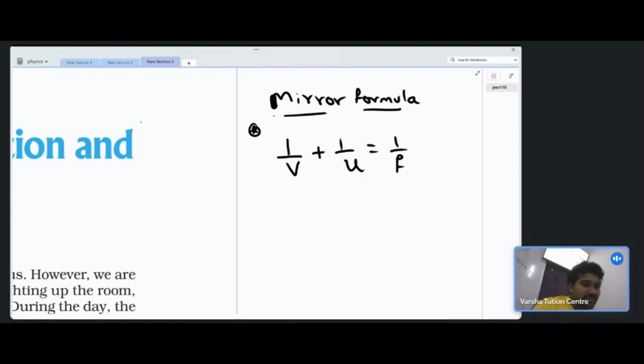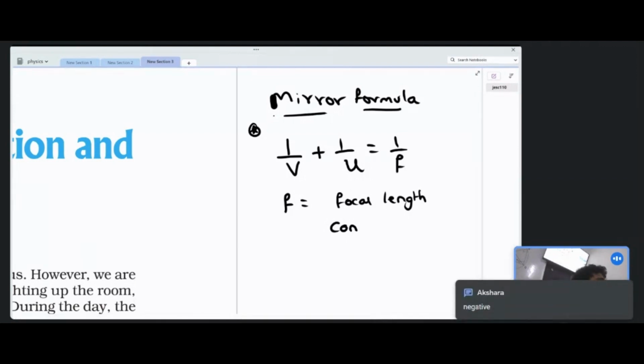What are the things you need to be very clear about? What is f here? Focal length of whatever the mirror it is. If it is a concave mirror, what is the focal length? Nature means the focal length will become sometimes positive, sometimes negative.